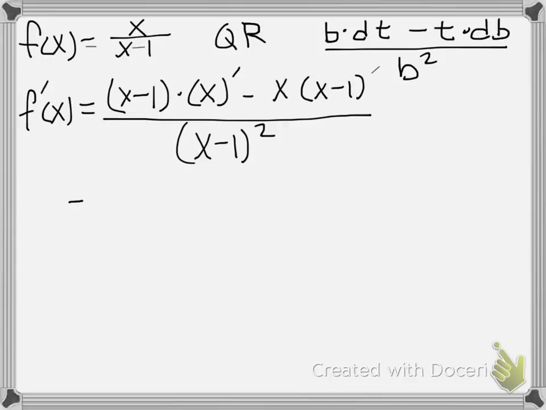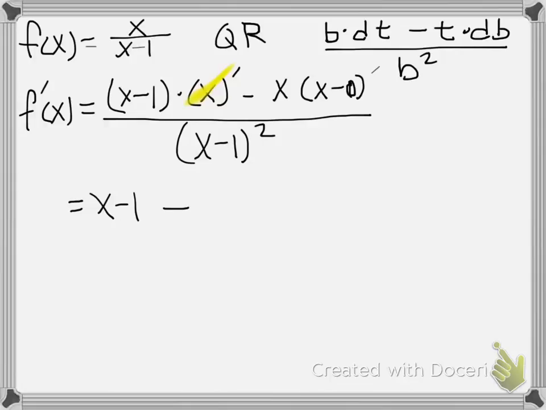Okay, so that is going to be x minus 1, because the derivative of x is just 1, and anything times 1 is itself, and that is going to be minus x minus 1's derivative, and whenever you have a constant, which 1 is right there, that's just going to become a 0.